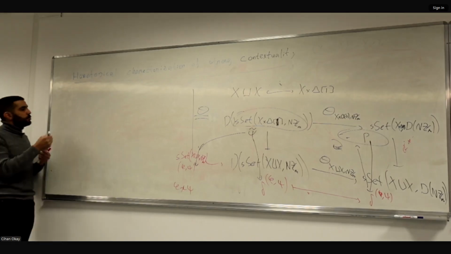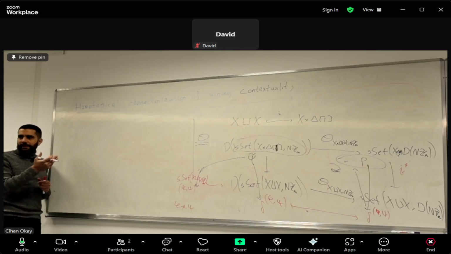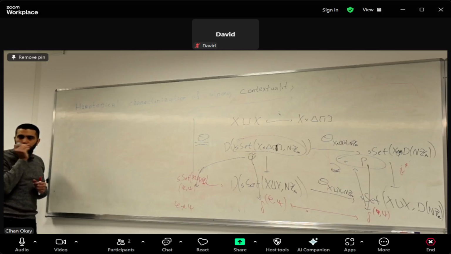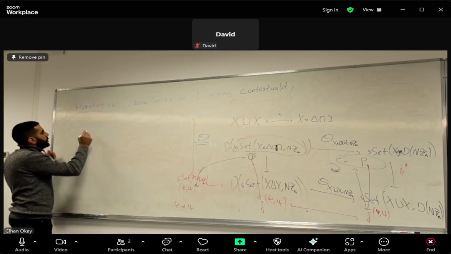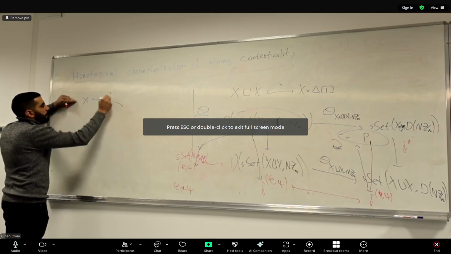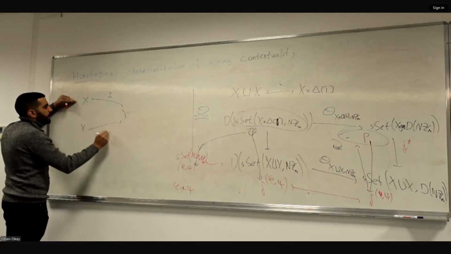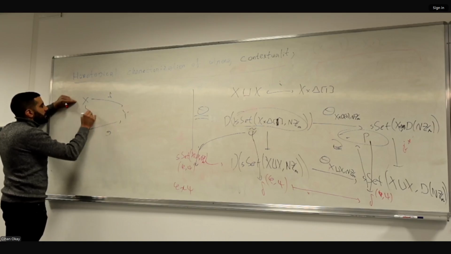We can use the cylinder, but we can also use the path. We already said this, going to the cylinder, right?